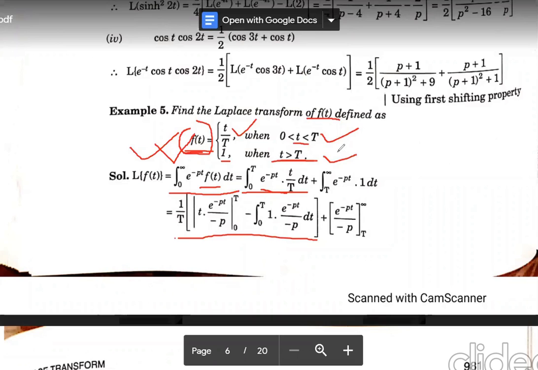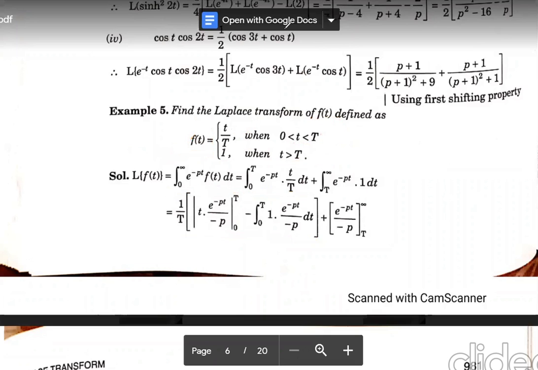Maybe you will get 2 points, 3 points, or 4 points, whatever it may be. So you need to find out at which points the value of f of t has been divided. Then accordingly you divide the integration into that many parts, and then integrate. After putting the values of f of t, integrate it, you will get the desired result.